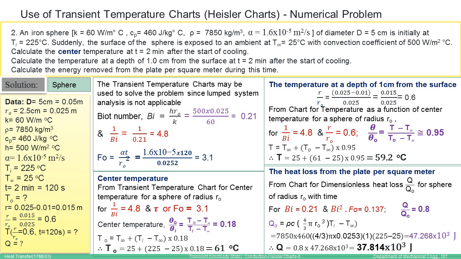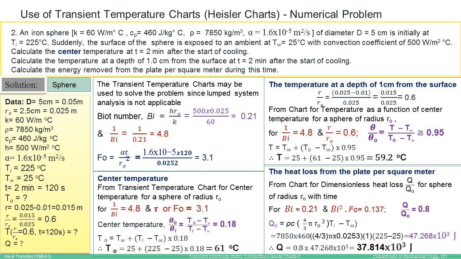And it can be observed that for similar dimensions, geometrical properties and thermal conditions, the sphere is losing heat quickly. I can compare the center temperature for slab for similar conditions, 141 degree Celsius, whereas for this sphere it is 61 degree Celsius.